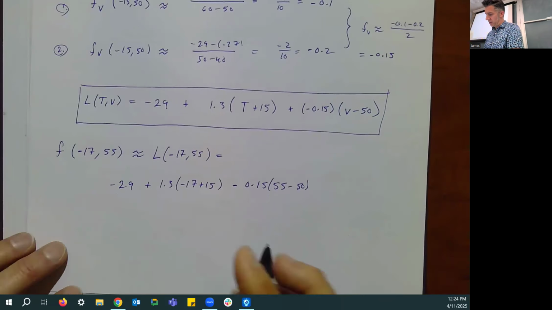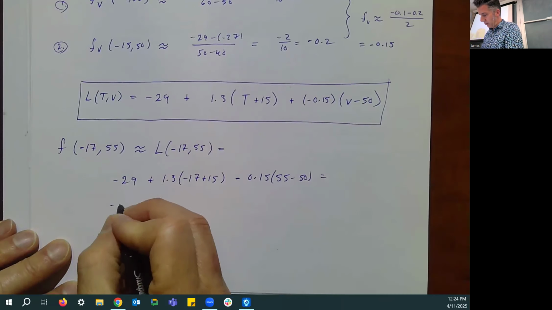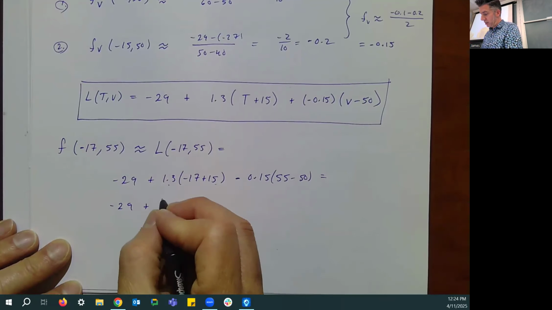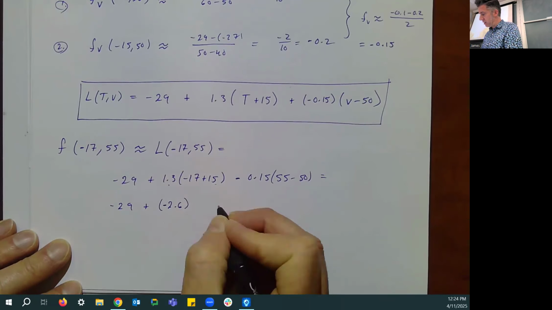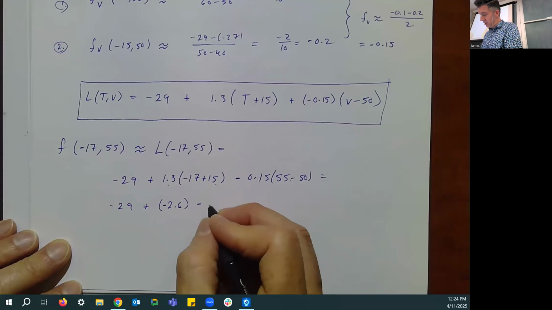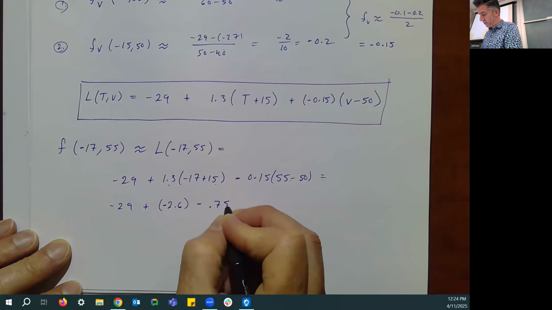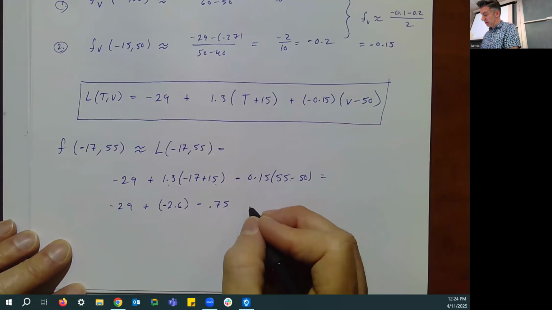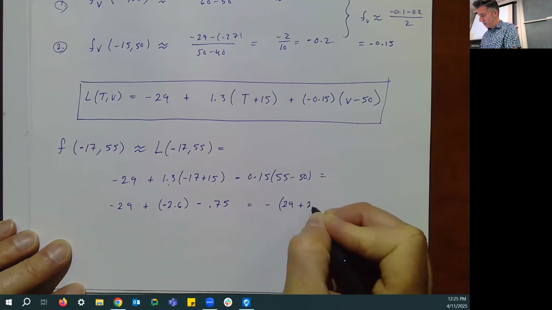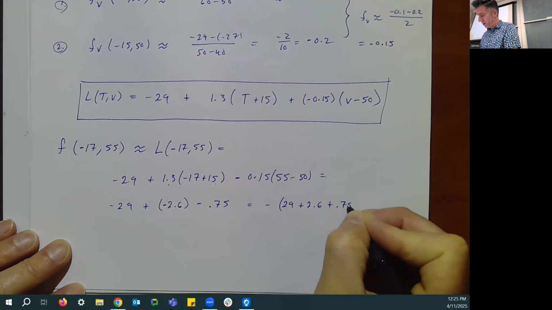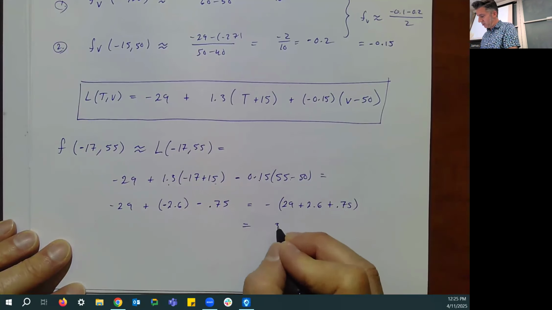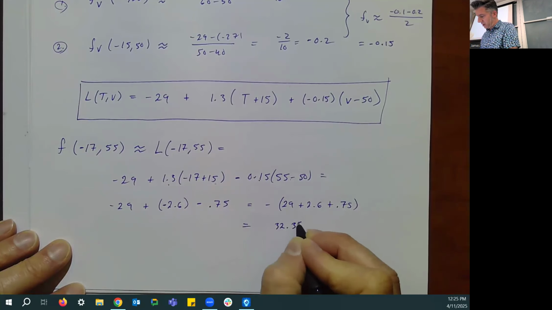Then we can simplify this. It's going to be negative 29 plus 1.3 times negative 2, which is negative 2.6, and then negative 0.15 times 5 is negative 0.75. So we end up getting negative 29 plus 2.6 plus 0.75, which is some number, right? 31.6 plus 0.75 is 32.35, negative 32.35.